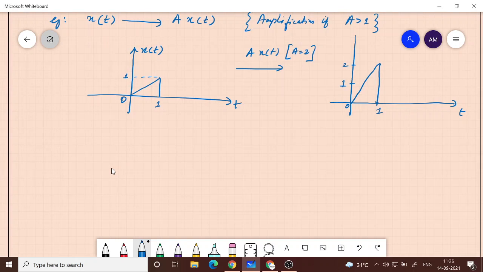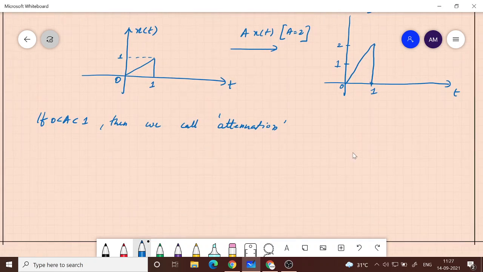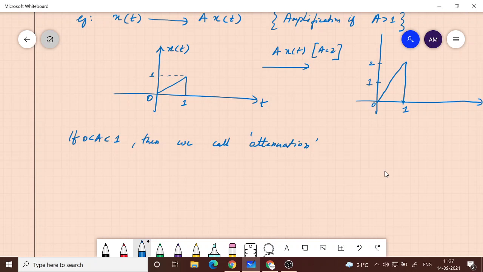The signal is attenuated. So if a is less than 1 but greater than 0, then we call it attenuation. Okay, this is a typical ECE word. You may not find it in other contexts. Attenuating a signal is the opposite of amplifying a signal.